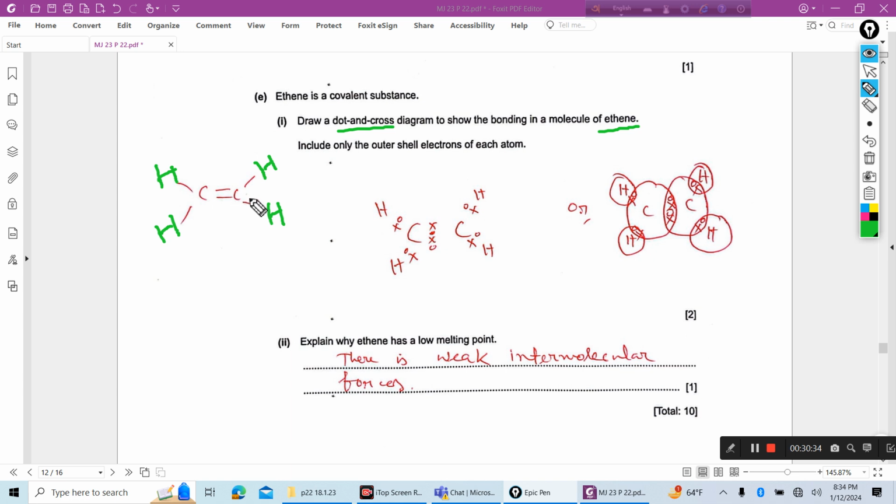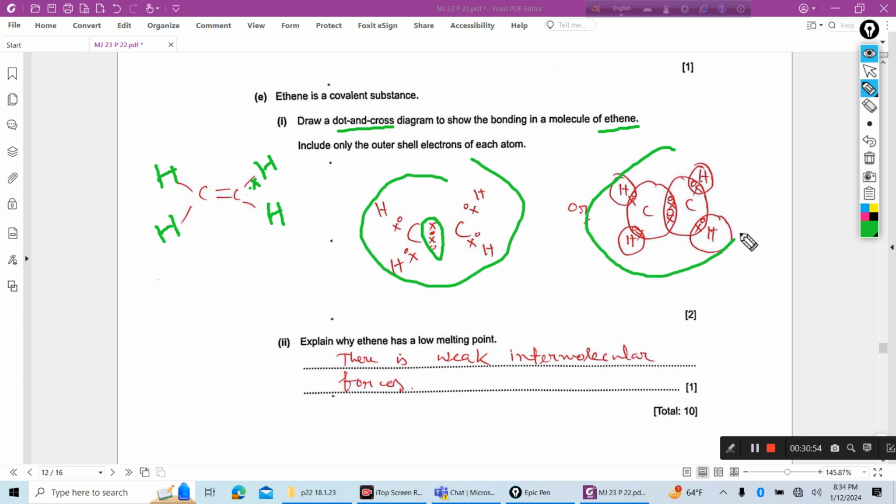So as carbon carbon double bond, so here 4 electron, left carbon gives 2 electron, right carbon gives 2 electron, and carbon hydrogen single bond, 1 electron will give carbon, other electron will give hydrogen. You can draw this diagram or you can show in this way, both are correct.